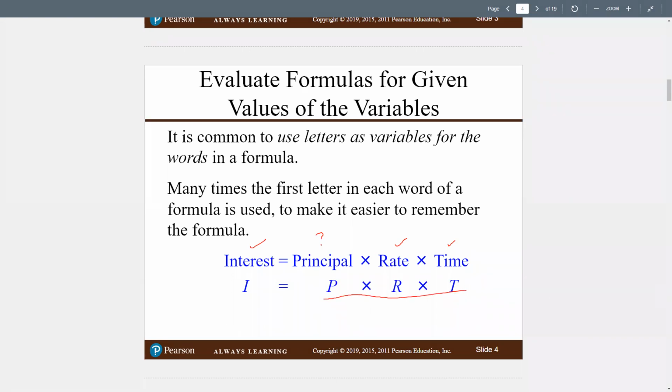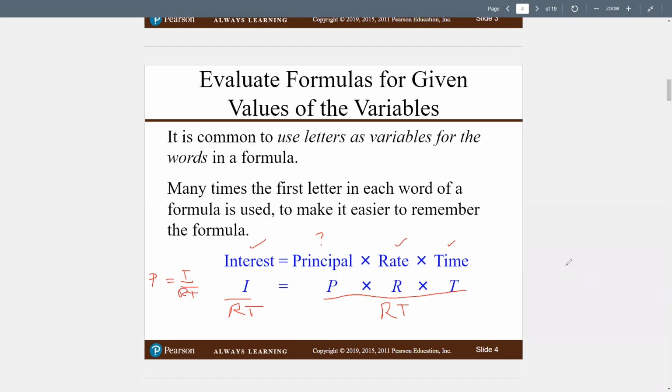So, like you said, which no one else got to know because it was through a chat. Okay, divide, right? Yes, that was right. Okay, so principal would equal interest divided by rate times time.